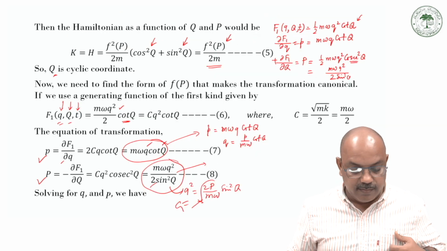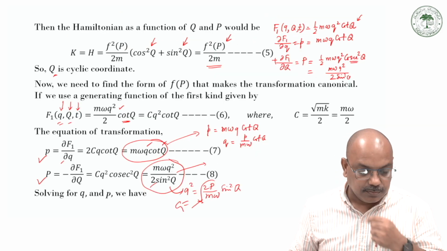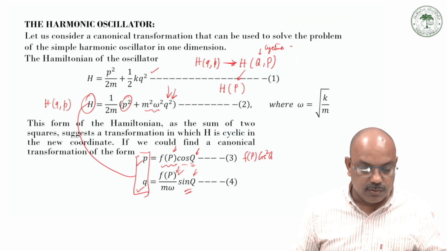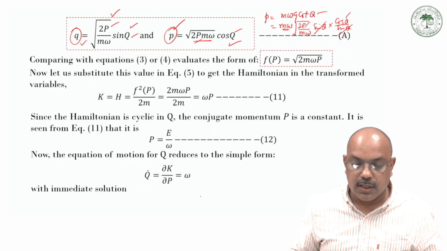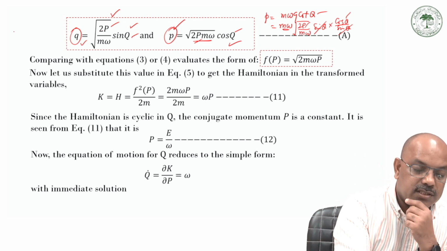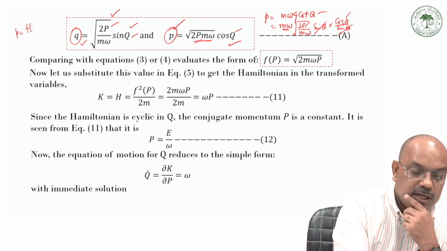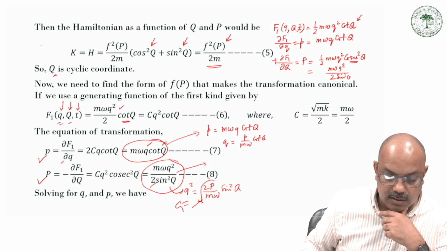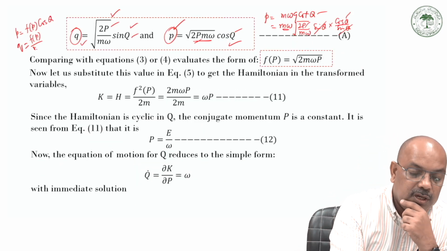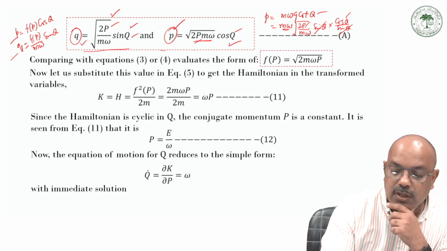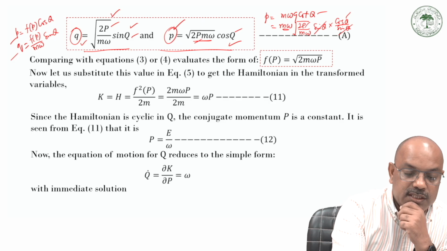If I compare with these two that we started with, p equal to f(P) cos Q and q equal to f(P) upon m omega times sine Q, we can find out this f(P).